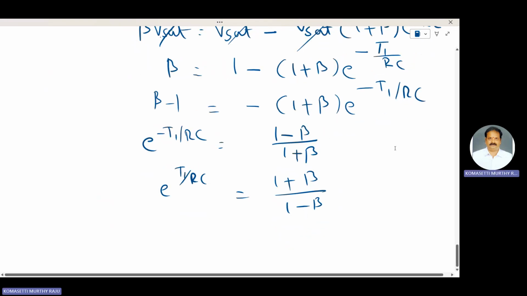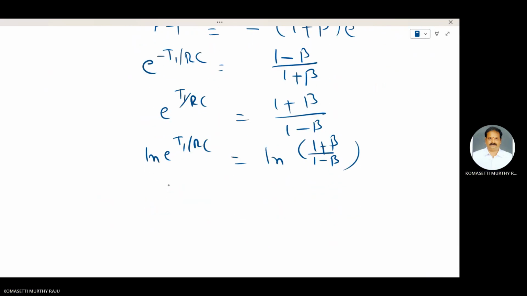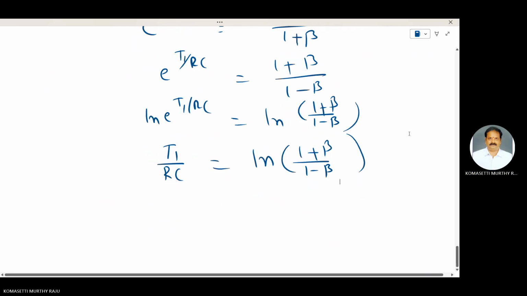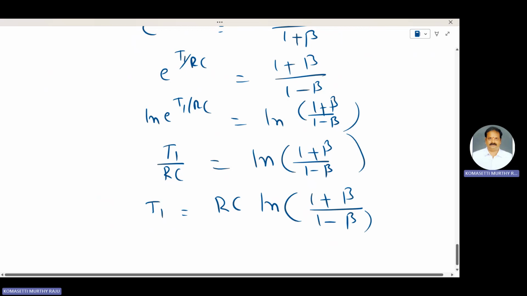Apply natural logarithm here: T1 by RC is equal to ln of (1 plus beta) by (1 minus beta). Therefore T1 is equal to RC ln (1 plus beta) by (1 minus beta).